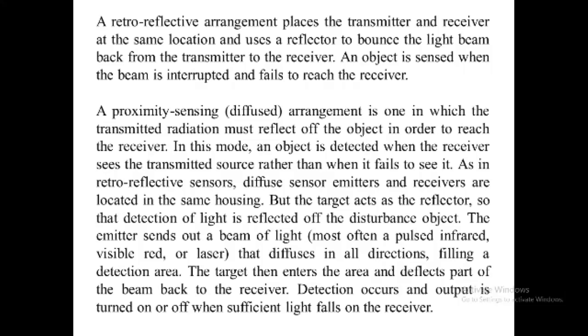The last sensor is the diffuse sensor. In optical proximity sensing, also known as a diffuse sensor, the light source and the receiver are housed in the same device. A diffuse sensor detects the object when the light beam emitted towards a target is reflected back to the sensor by the target. What makes the diffuse sensor a great automation option is that it is more compact, as all the components are in a single housing.